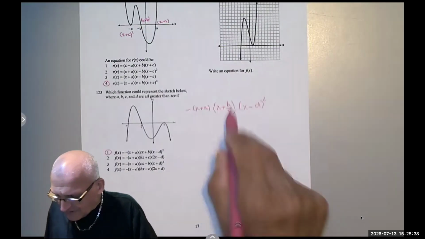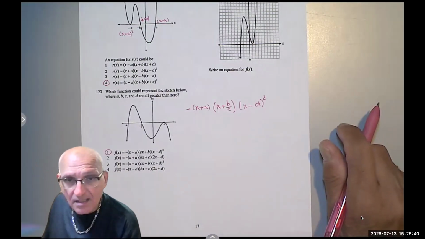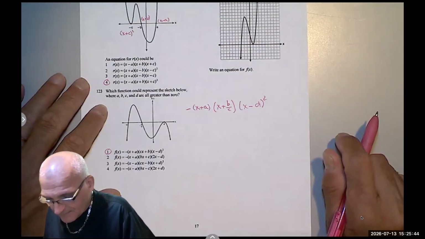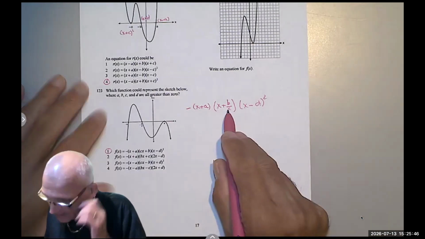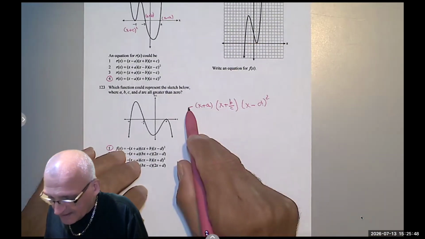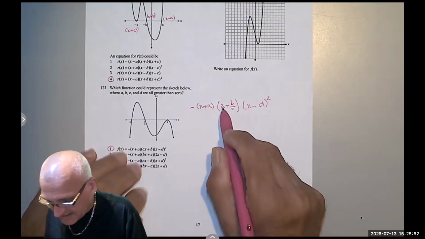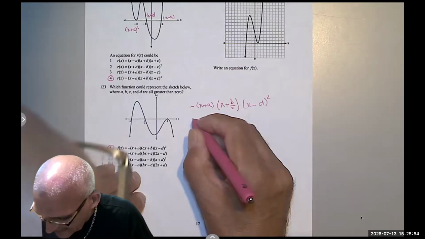But what about this thing? Yeah, you can multiply outside by c. If you multiply outside by c, you will get negative.